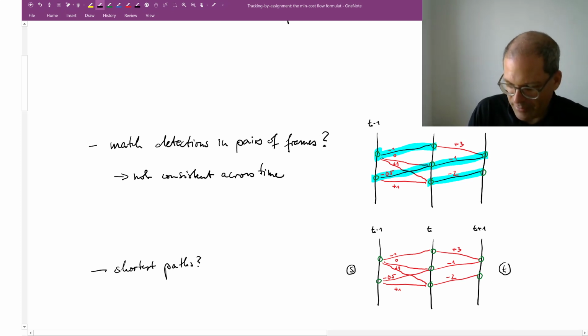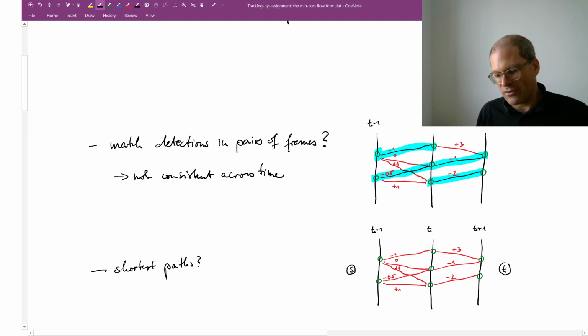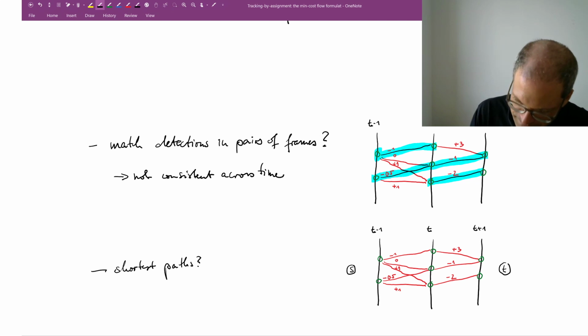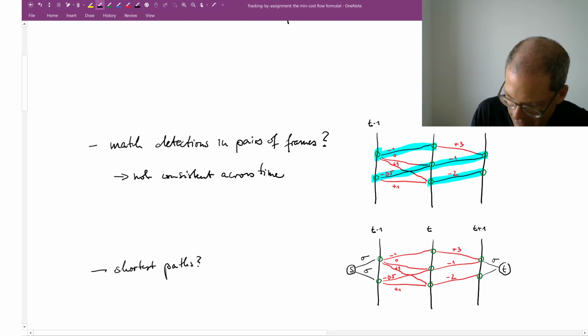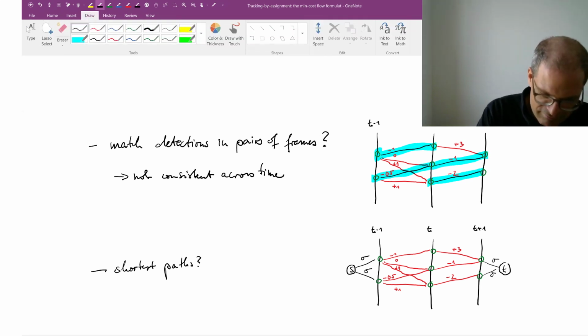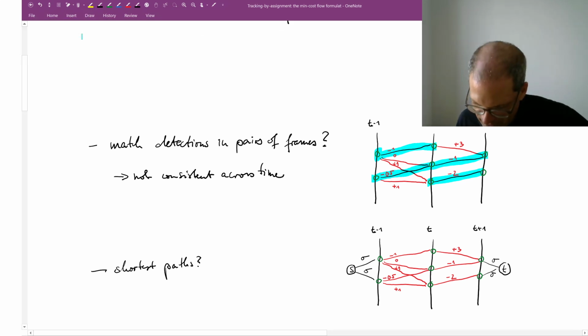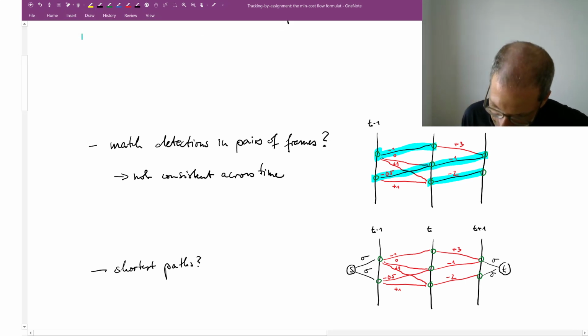Let's say from some source S to some terminal or target T here. And let's also assume that the costs of these first edges here are 0 and the costs of these last edges are 0. Then, well, I think the very shortest path that I can get is this one here.